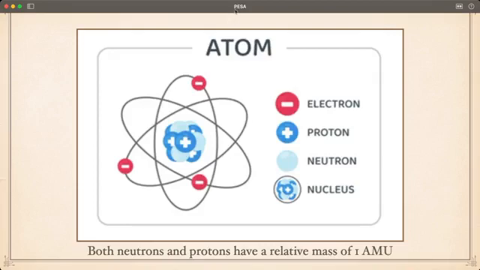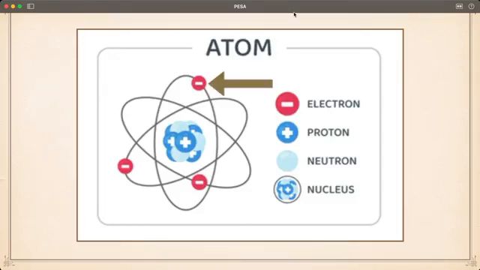Both neutrons and protons have a relative mass of 1 AMU. That is a unit of measurement that stands for 1 atomic mass unit. Now, outside, you have the electrons, out in what is called the electron cloud. You can kind of see that they look a little bit smaller in the picture.